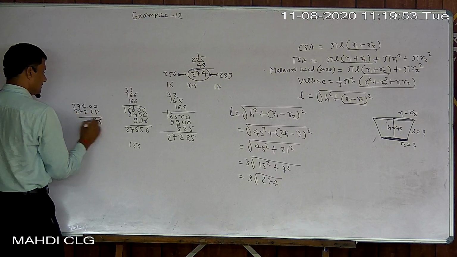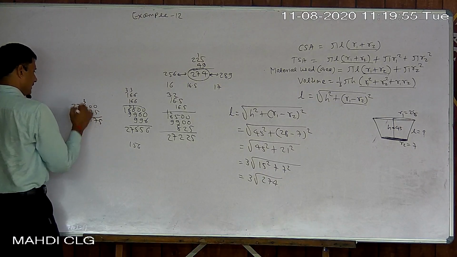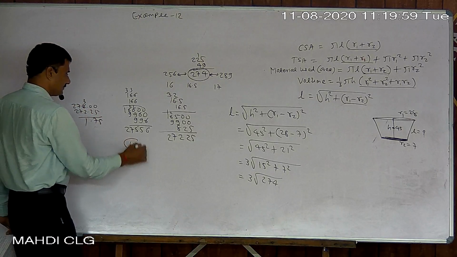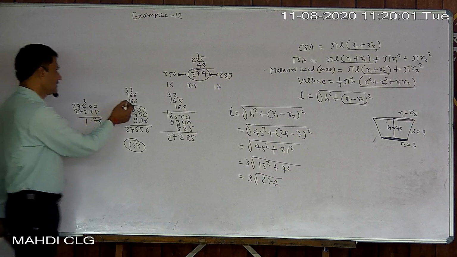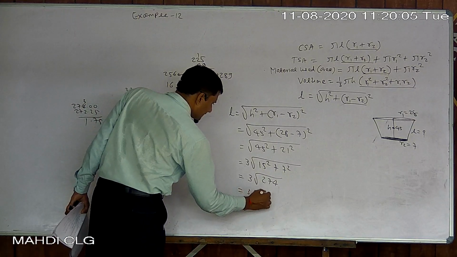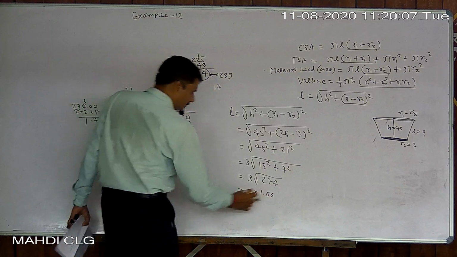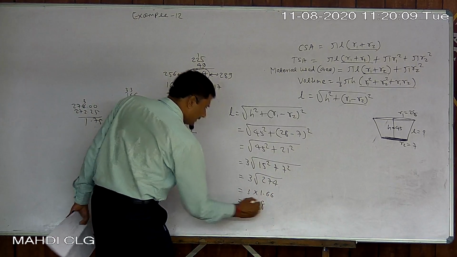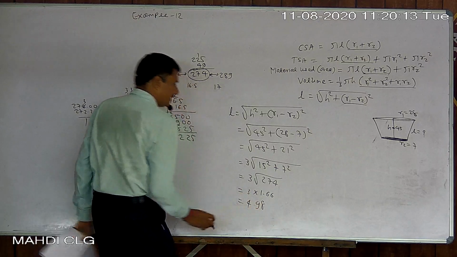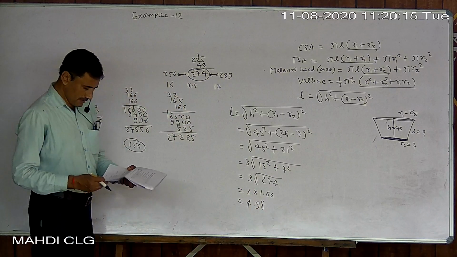It will be 75. Here will be 31. So 1.75, 1.56, quite nearer than this. So look, 1.66. Okay. Now just multiply. 6 3s are 18. 1 6s are 18, 19. 1 4.98.